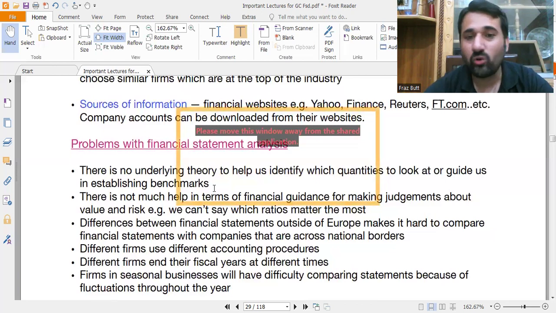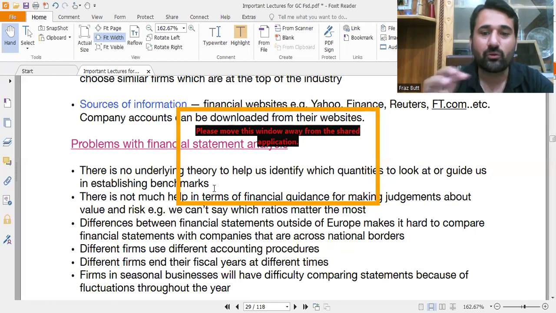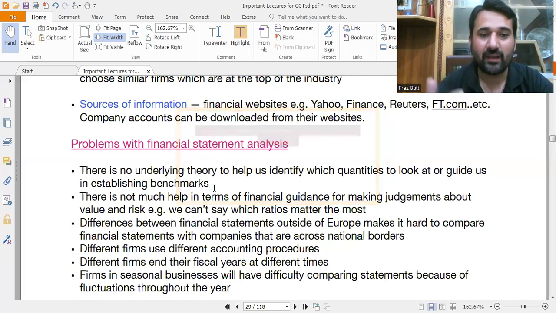It's saying there is no literature available or there is not a general rule that we should compare which quantities or which ratios. We have a number of ratios, as I told you in the previous lectures. So there is not a fixed rule or benchmark. There is not a standard that these ratios should always be measured and analyzed. So this is one of the problems in the financial statement analysis.